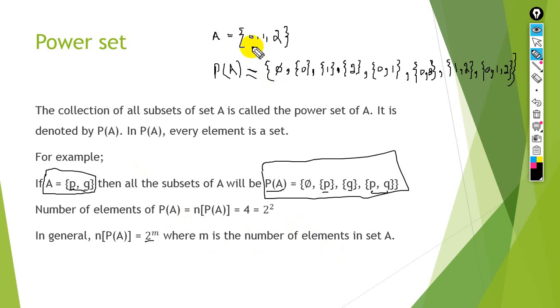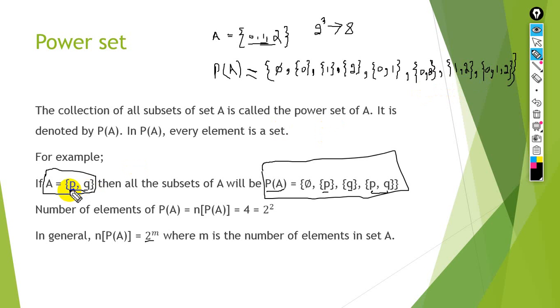For example, if the set has 3 elements, then 2 to the power 3 gives a total of 8. It means 8 sets are made. The possibility of 8 sets will be here in the power set.